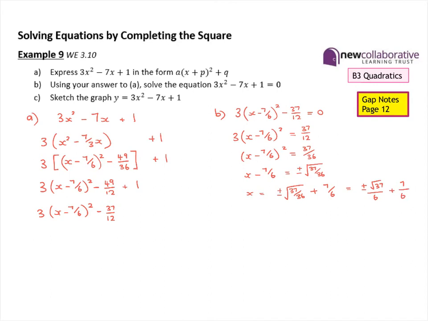And since we've got a common denominator there, we can write that as plus or minus the square root of 37 plus 7 all over 6.